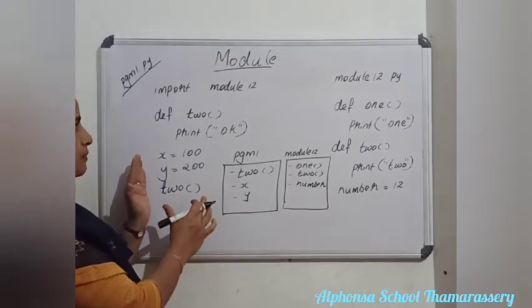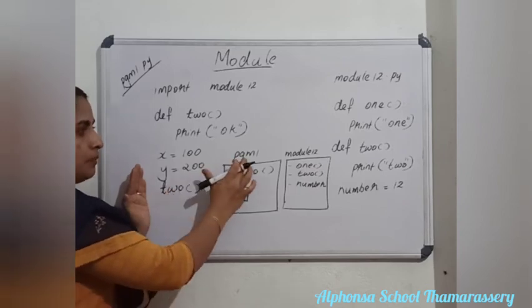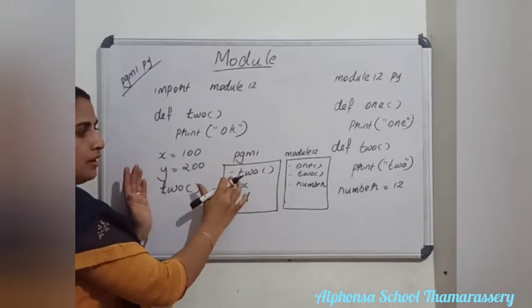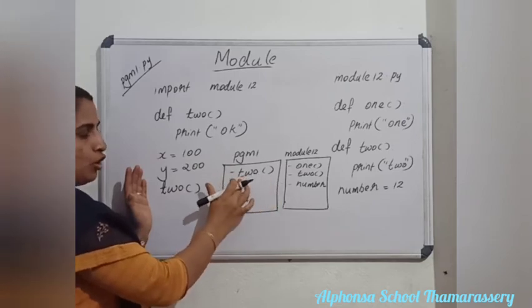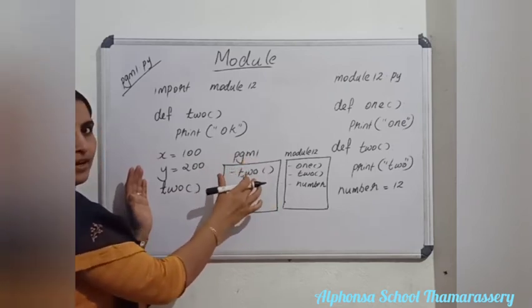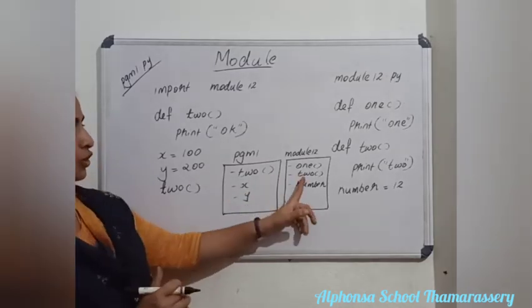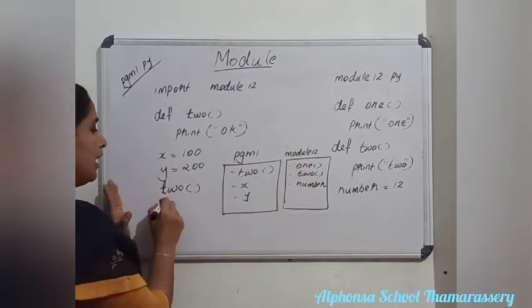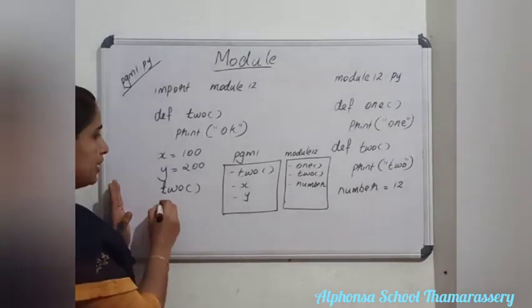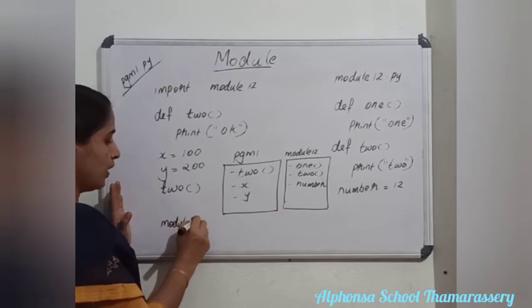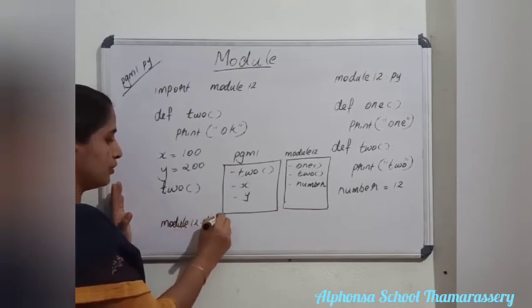The current namespace of the current program is pgm1, so it accesses that two from the present environment, the pgm1 namespace. If I want to get function two from module12, I have to specify it with dot notation, like module12.two.